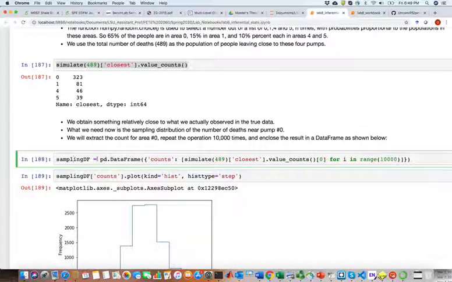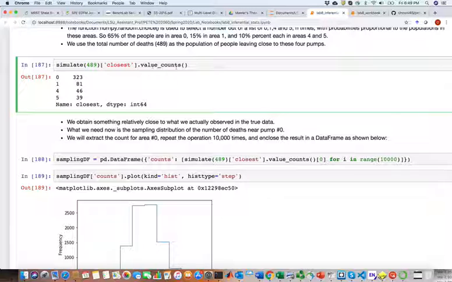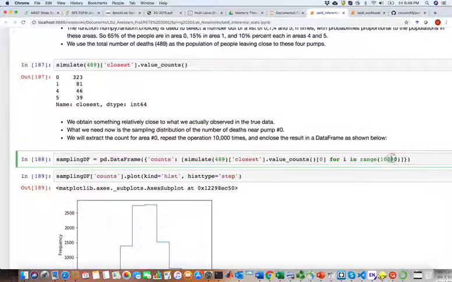So use the same function 1,000 times, actually 10,000 times. That's what we're doing here, using list comprehension, which we discussed before. So store the results in counts and store it in a dictionary. The key of the dictionary is counts.